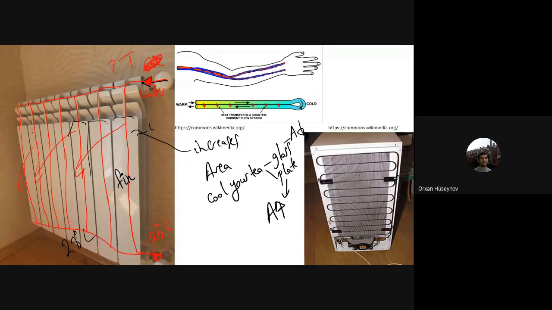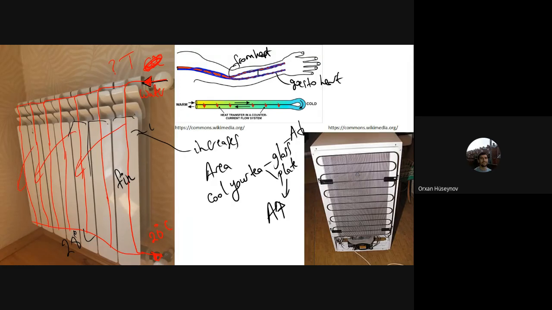So this one comes from the heart, and this one goes to the heart, let's say. I don't know the exact location where it will go, but at the end, it goes to the heart.